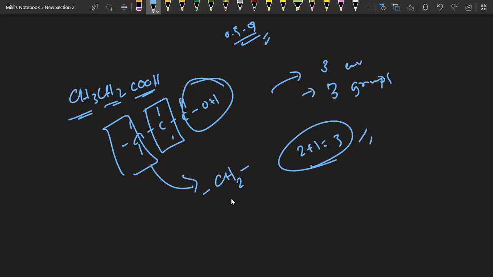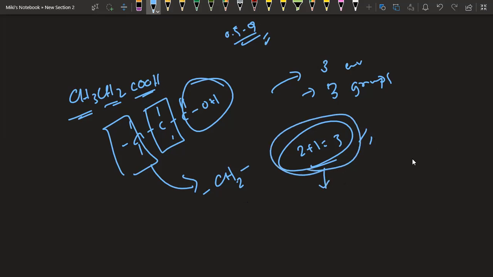Okay. And if we observe this CH2, before this, the CH3 has an adjacent part, which is this CH2 part, and we have a triplet.